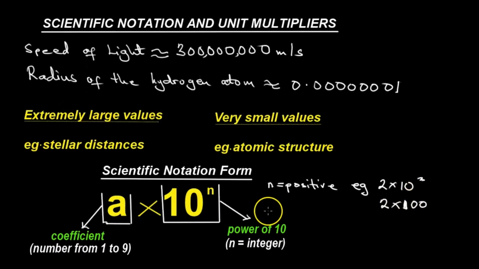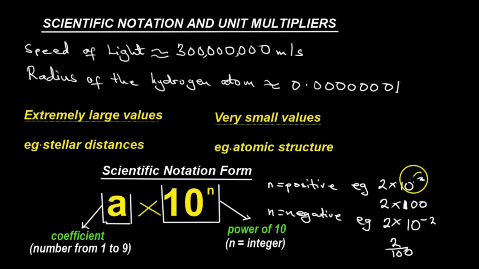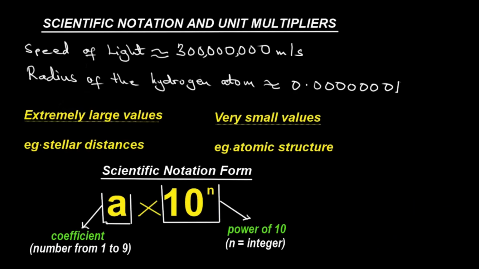But when n is negative, it means that the coefficient is being divided by a multiple of 10. So a positive exponent means that we are multiplying by a multiple of 10, and a negative exponent means that we are dividing by a multiple of 10. With this, let's go back to the speed of light.